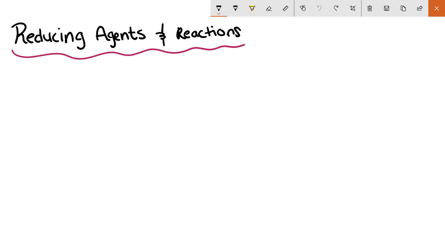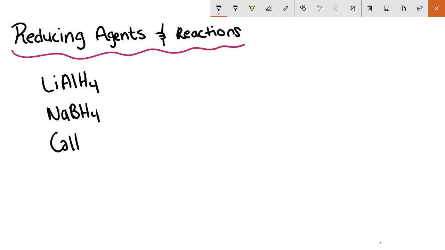So there are a number of commonly used reducing agents in organic chemistry reactions, and for the most part, these are metal hydrides. So something like LiAlH4, it's a metal hydride. NaBH4 is another metal hydride, Na being the metal.